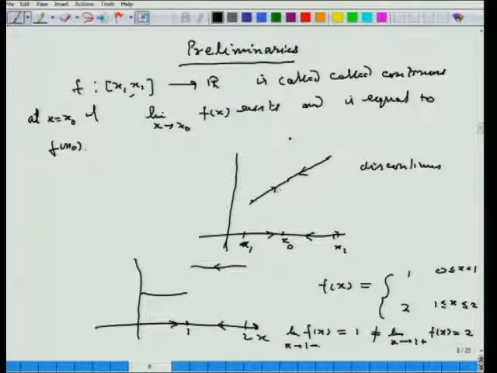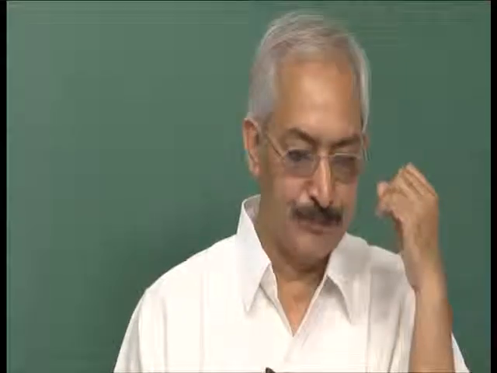So the left limit and right limit are the same, and so the limit exists, but it is not equal to the value of the function, which is also a condition for continuity, because f of x0 is here, not here. Therefore there is a discontinuity. These kinds of things should not happen for a continuous function. So these are the concepts of left limit, right limit, and the value of the function; they should all be equal.